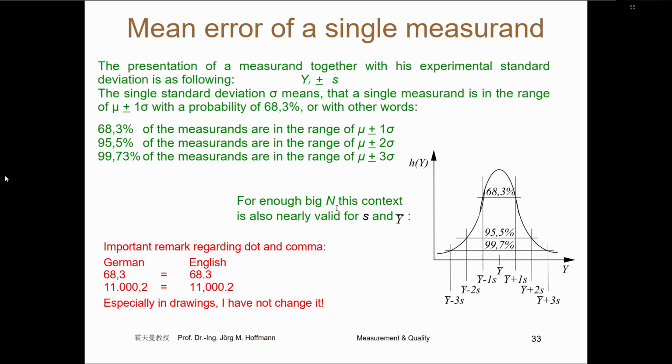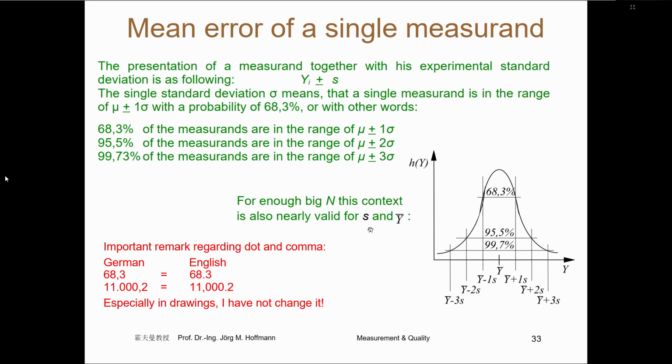When you have 200 measurement values, then you can say the difference between S and sigma, and the difference between the mean, the empirical mean, the practical mean, and the expected mean is also nearly nothing, so that when you have 200 measurement values or more, you can take them for each other.